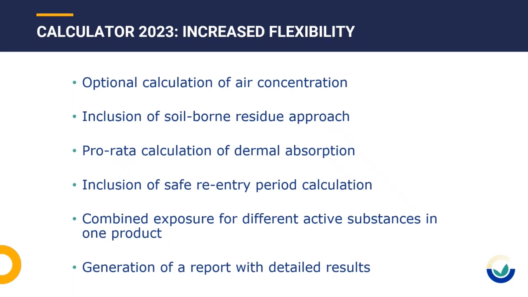As you can see, in the first version of the online calculator, additional features were already included, such as an optional calculation of air concentration on the basis of the saturated vapor concentration, and the inclusion of the soil-borne residue approach, which was before a calculation proposed in an annex of the guidance. Now it has also been included in the tool.